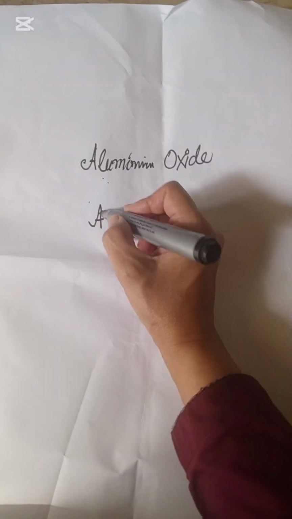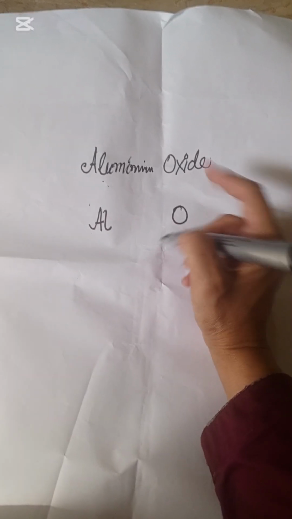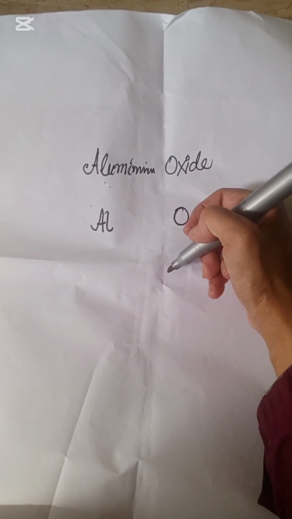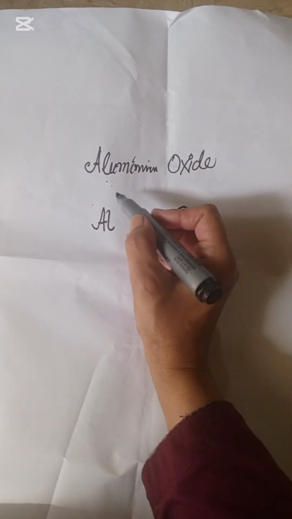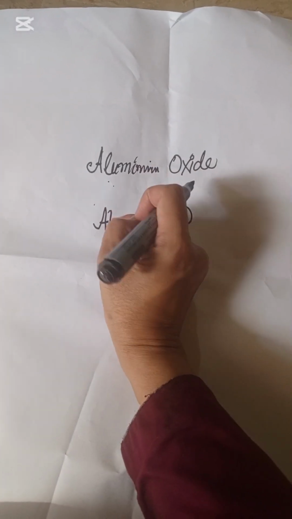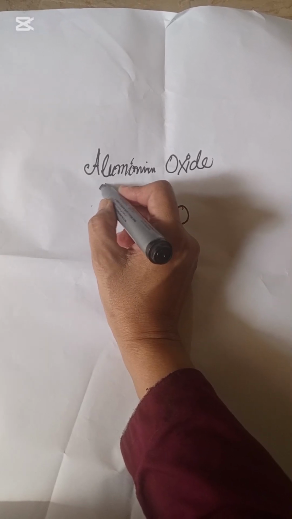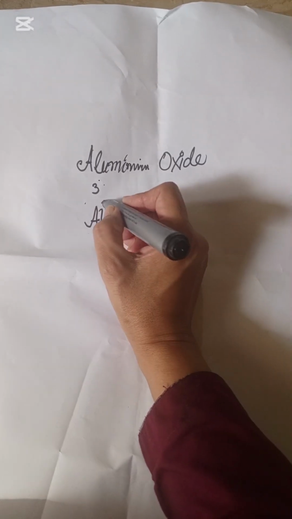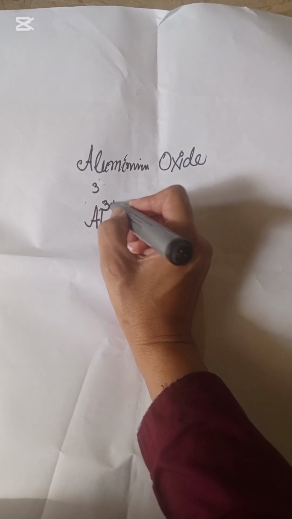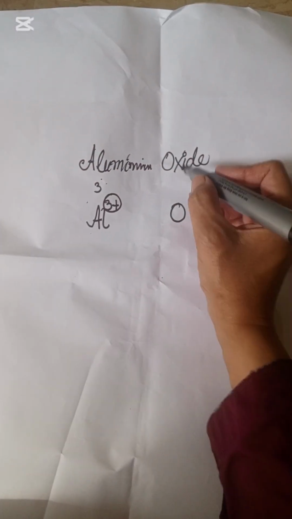Aluminum symbol is Al, and then oxide comes from oxygen, so you just take the symbol of oxygen from the periodic table. Now the second step is find their group number. Aluminum belongs to group number 3, so it has a charge of 3 plus, it means it has the ability to lose 3 electrons.